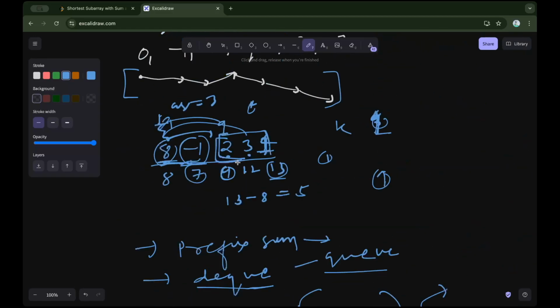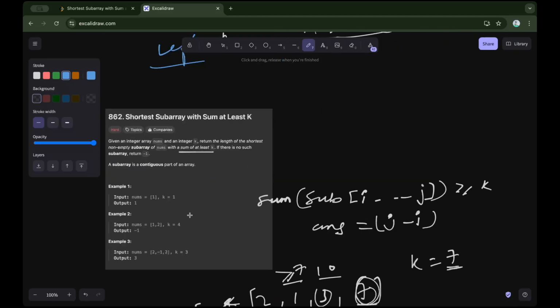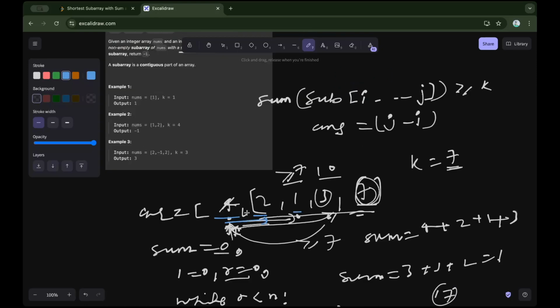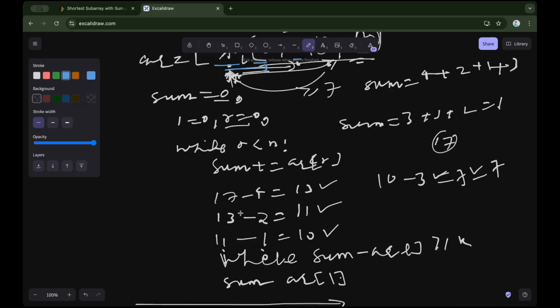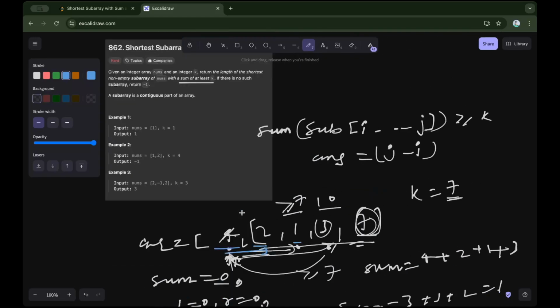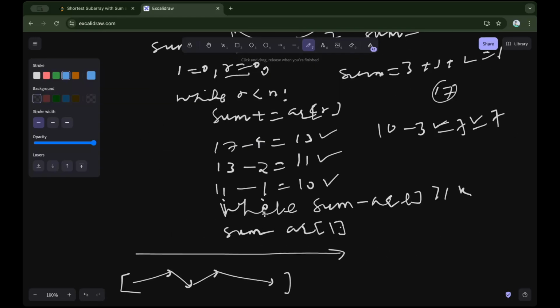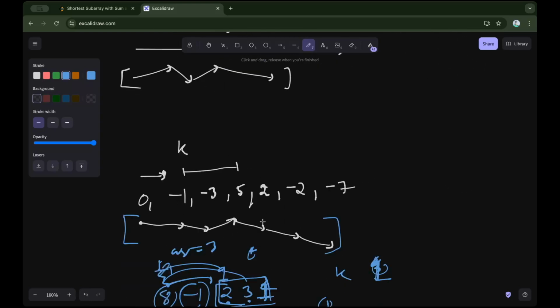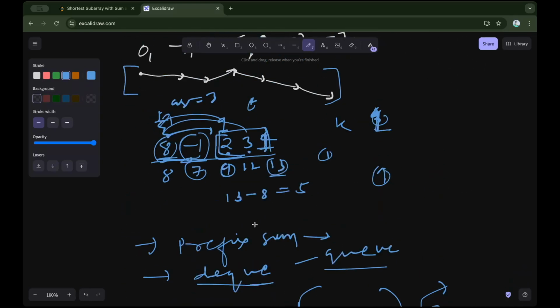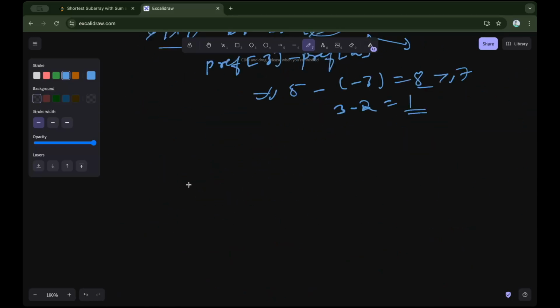I'll explain one of the test cases that we have in the question, or that I wrote somewhere. For this one I was trying to say that there exists a sequence, but yeah, 8 minus 1, 2, 3, 4. So 8 minus 1, 2, 3, and 4. And we had k equal to 9.